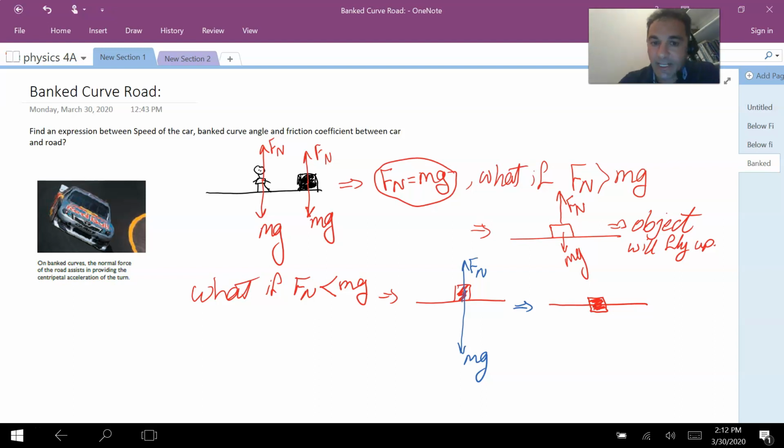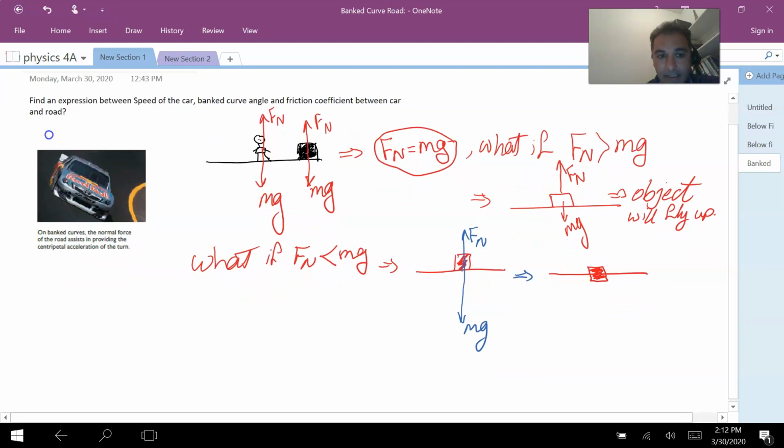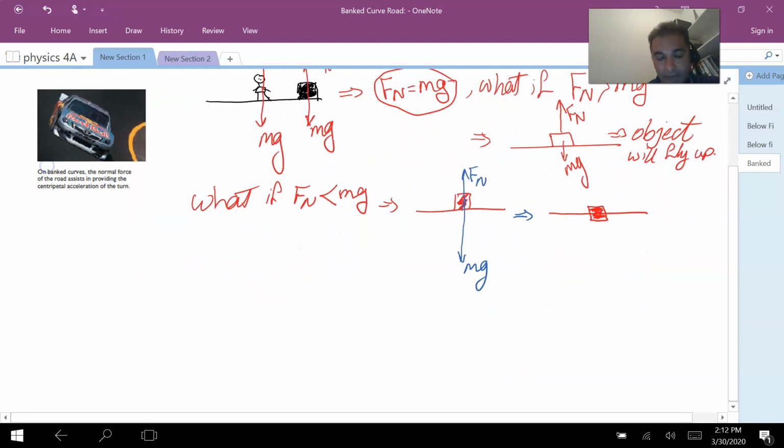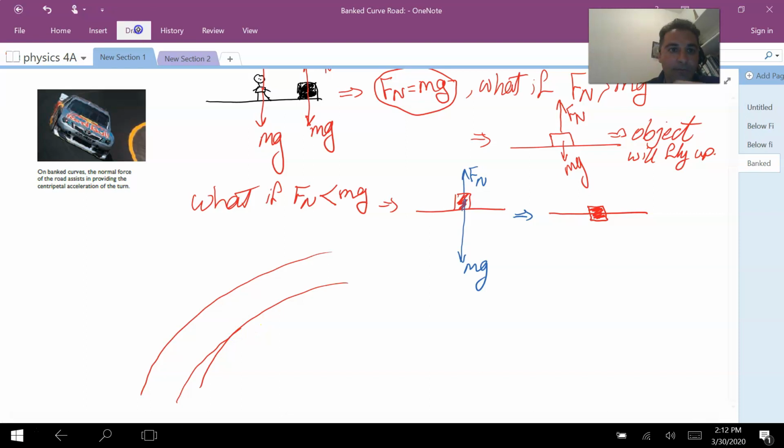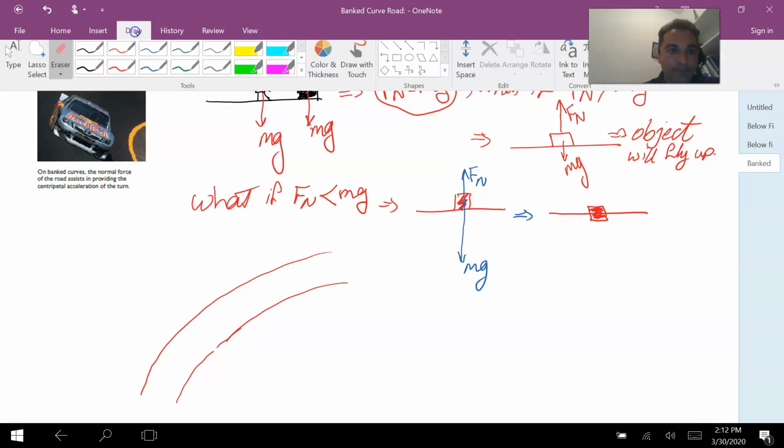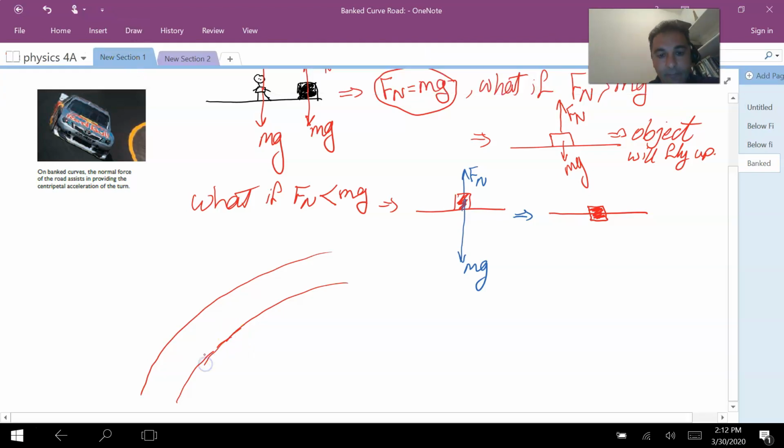So here we can get one conclusion. When we have a car, let's say this is a curved road, and let's say my car is here.